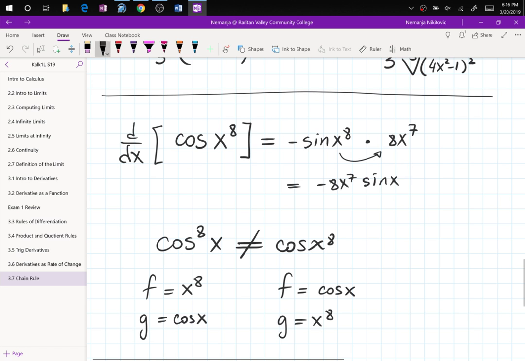Now, I have never seen any function in any application look like this. This is gymnastics that we do because we can.